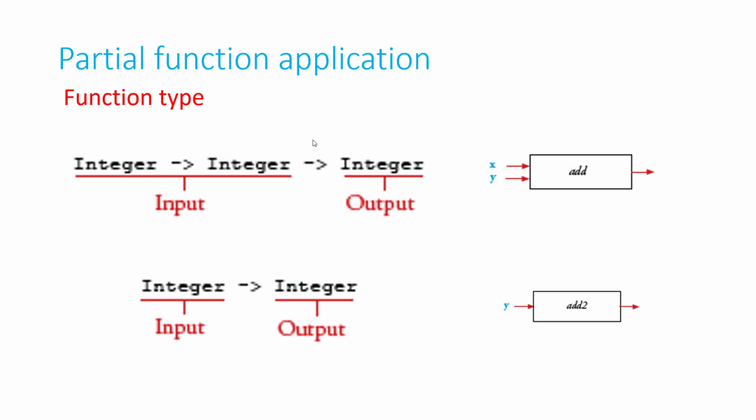If we look at the function types, when we have a 2-argument function, we express the input using this notation, and when we have reduced this to the more specialized single argument input, then this becomes, in function type notation, integer forward arrow integer.